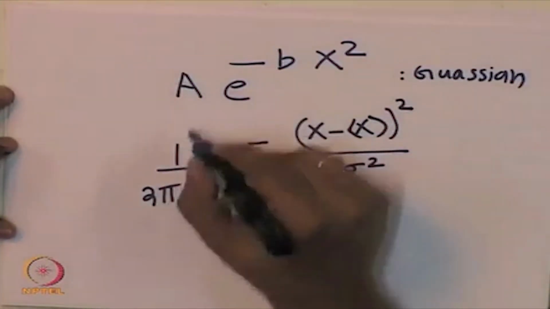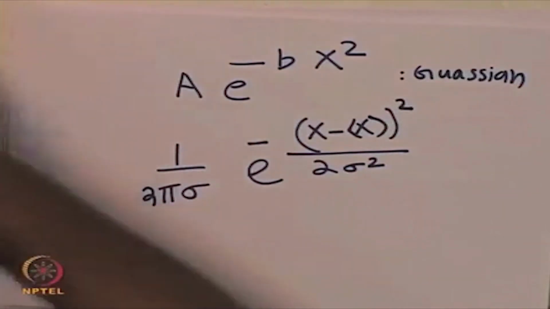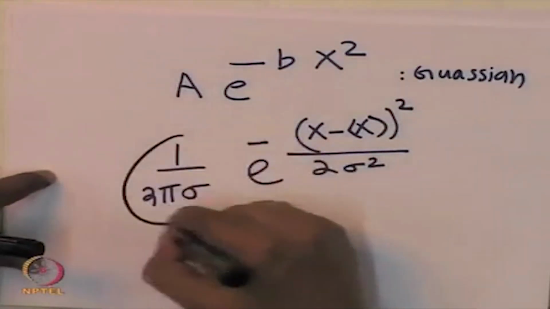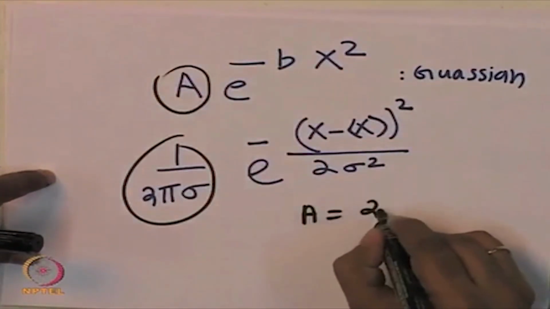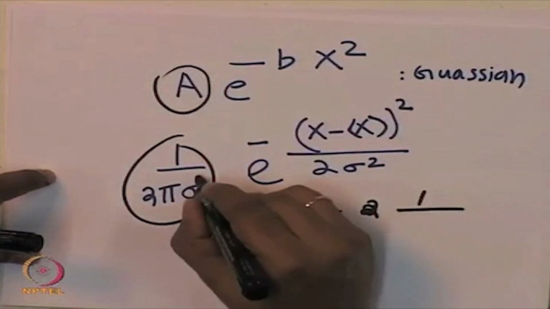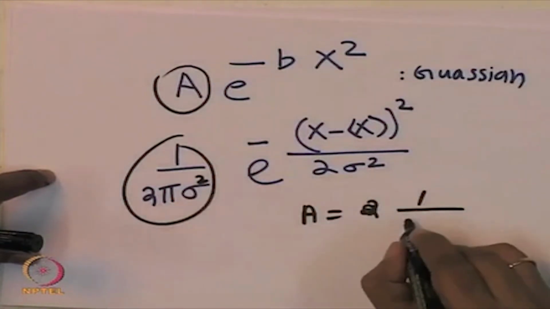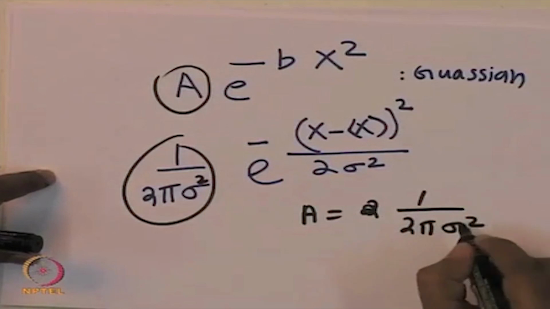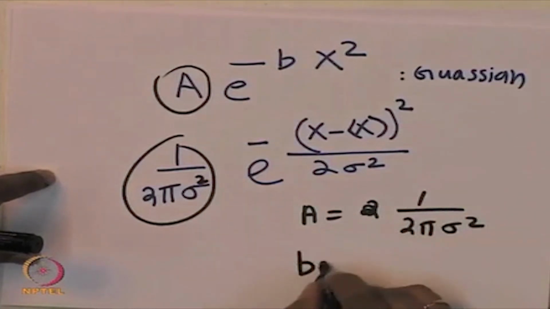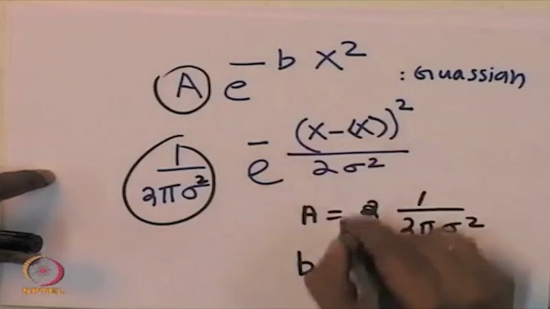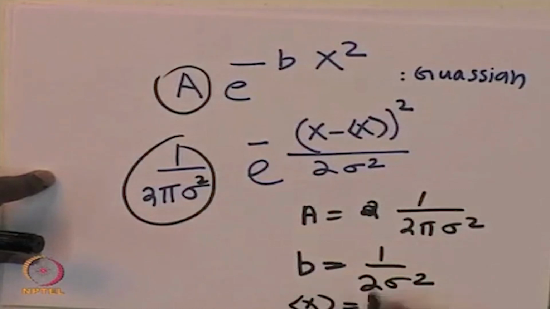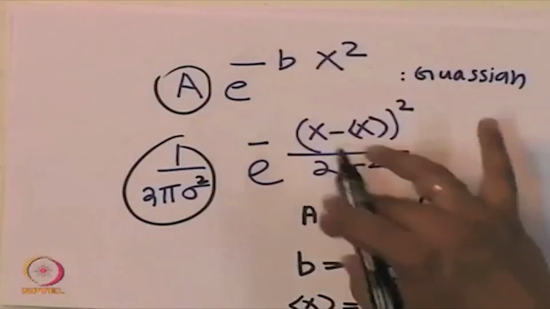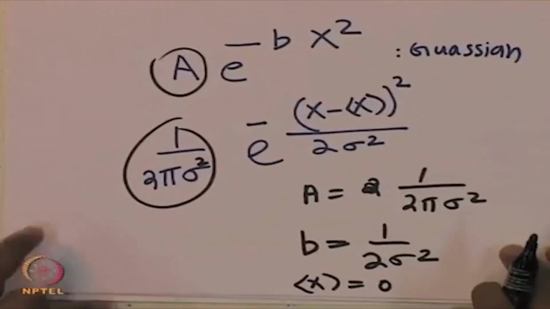If you compare this and this, it is clear that a is 1 over 2 pi sigma square, and b is 1 by 2 sigma square, and x average in this case is 0.